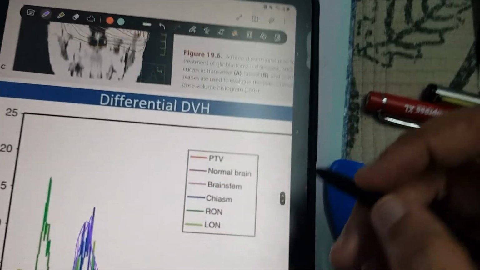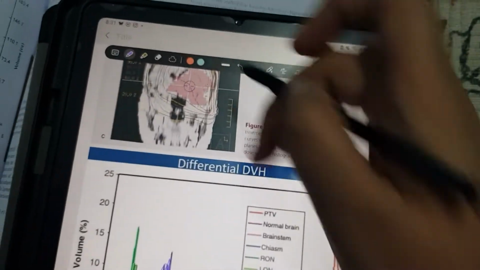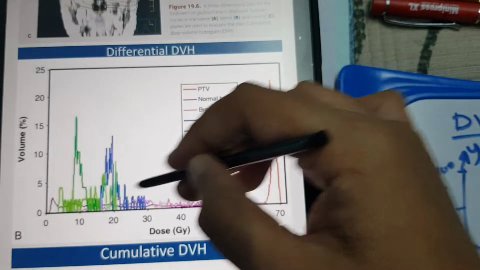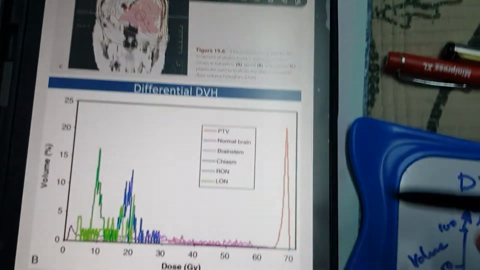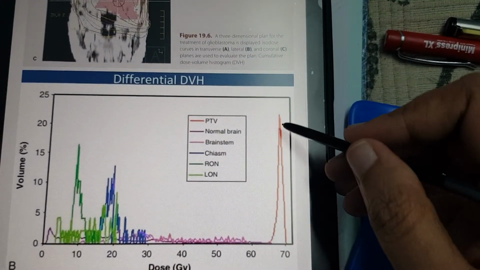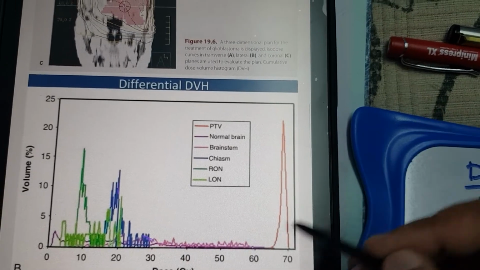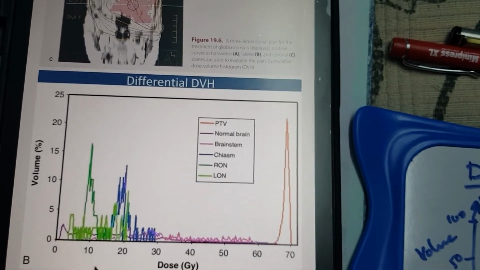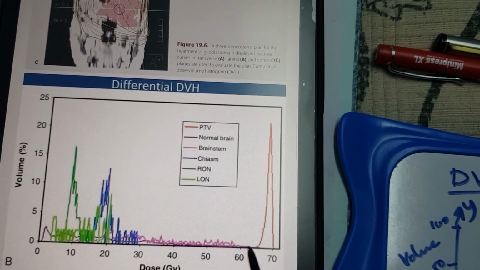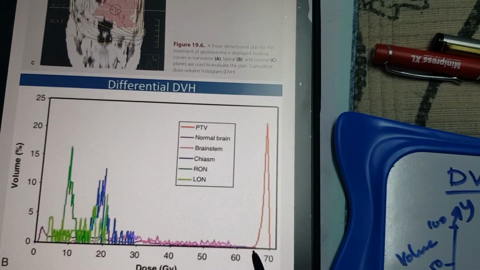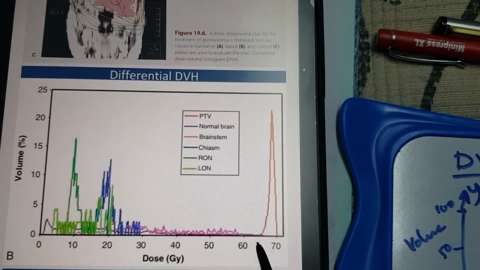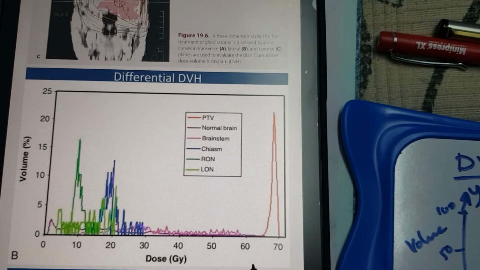So this is an example of the differential DVH for other organs. You can see that for the PTV it's red and the narrower peak is the highest. For example, this is a head and neck case. The PTV is receiving around 66 to 70 gray.